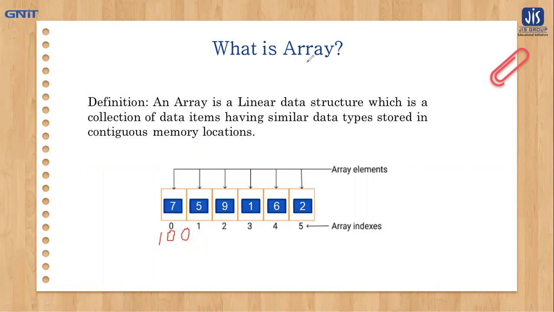Like this, if we have declared an array as char a[10], what does it mean? It means it is a character kind of data. It is a non-primitive data structure because we are deriving this array from a primitive data type, that is character.